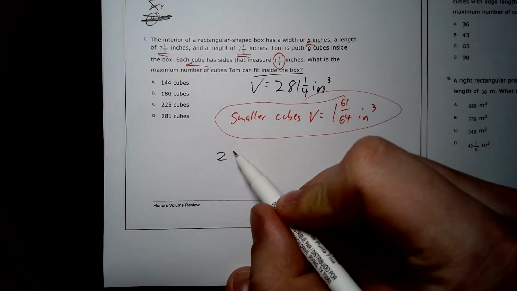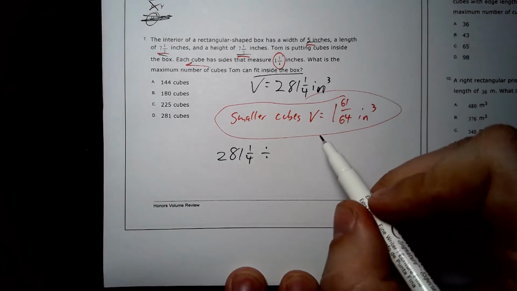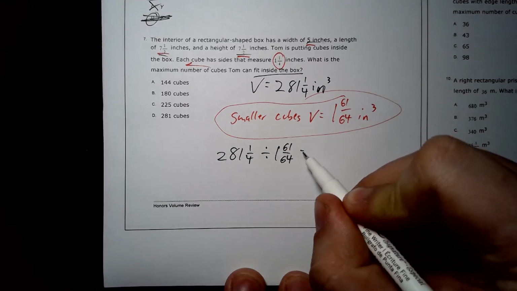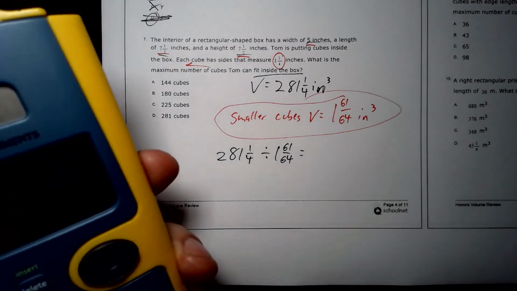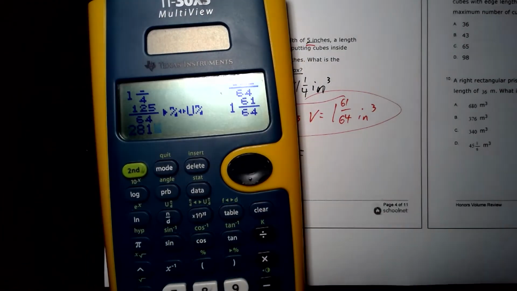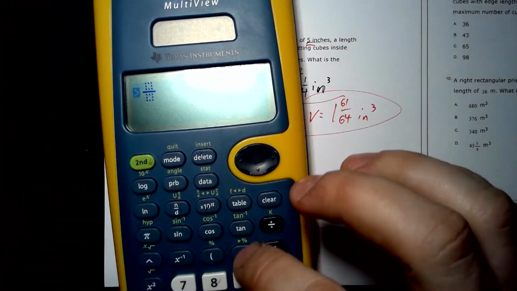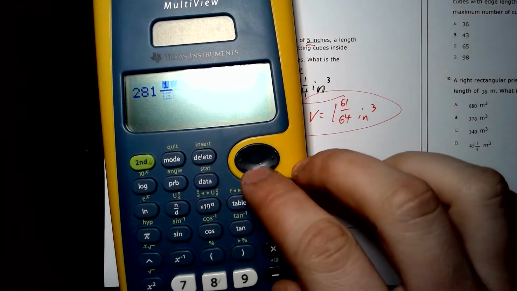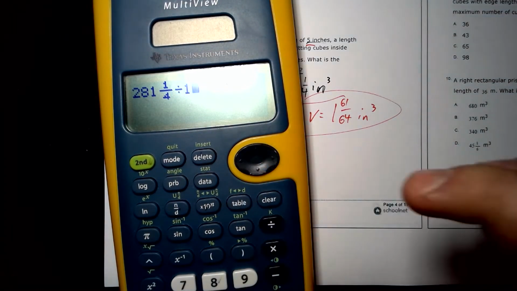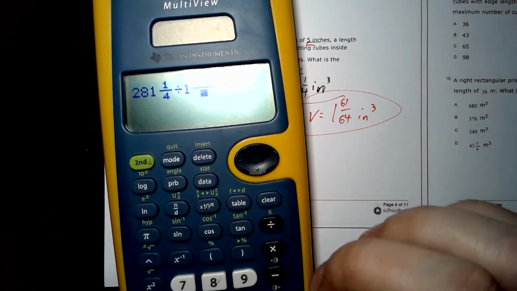We have to do 281 1/4 divided by the volume of those smaller cubes, 1 61/64. So we're going to do 281 1/4 divided by 1 61/64.